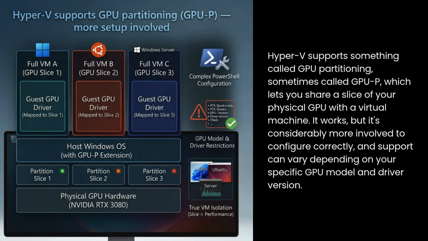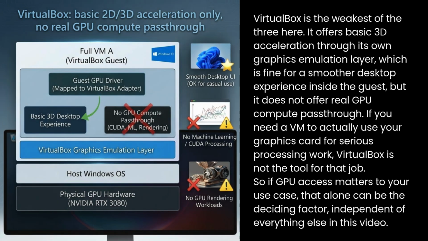Hyper-V supports something called GPU partitioning, sometimes called GPU-P, which lets you share a slice of your physical GPU with a virtual machine. It works, but it's considerably more involved to configure correctly, and support can vary depending on your specific GPU model and driver version. VirtualBox is the weakest of the three here.